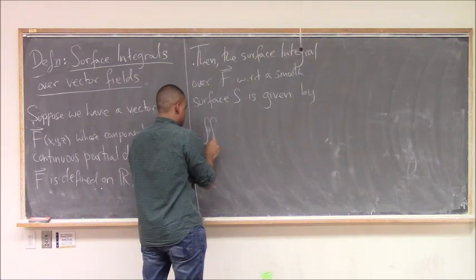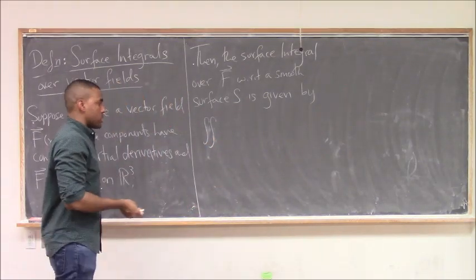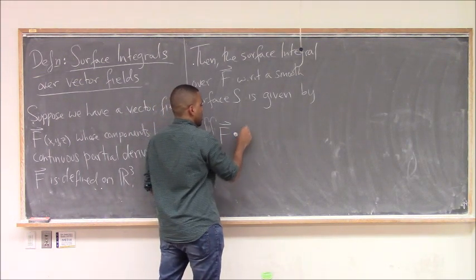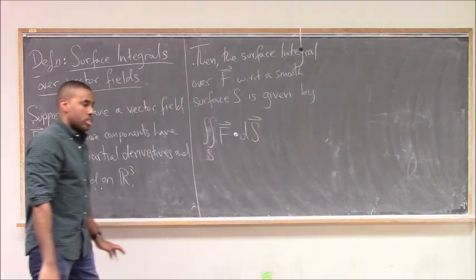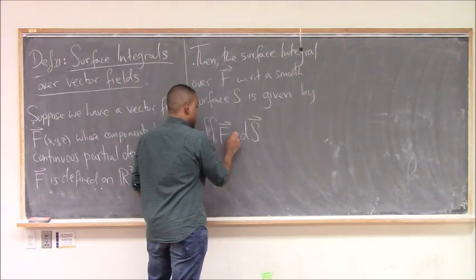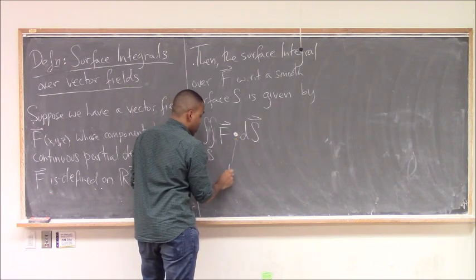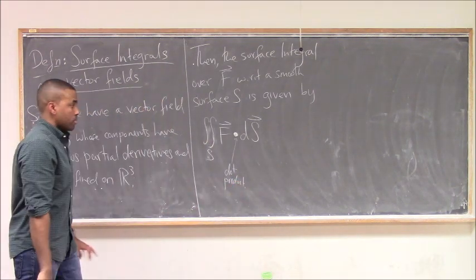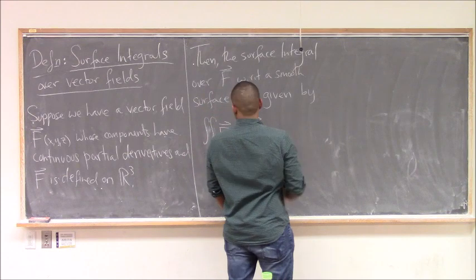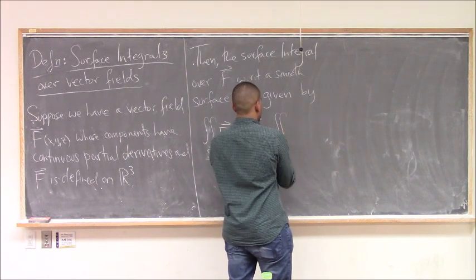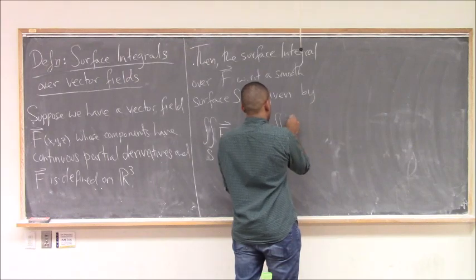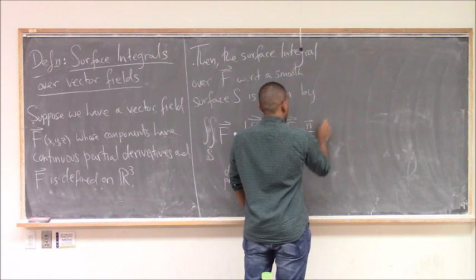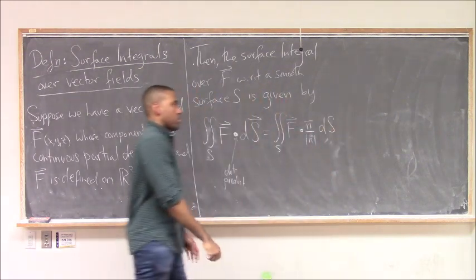a double integral. And now this is going to be the bonus problem in the quiz. It's F dot dS. This is the notation for such an integral. I exaggerate the dot here because it's not just multiplication, it's a dot product. This is defined by that guy.